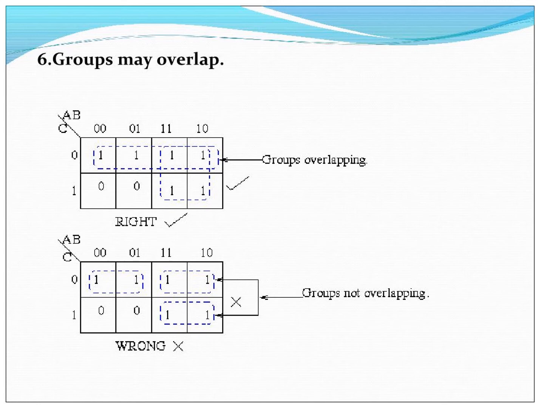Groups may overlap. For example, in the first K-map, there is one quad here, and this quad has only C complement as the variable, and here we have another quad group of 4 ones.